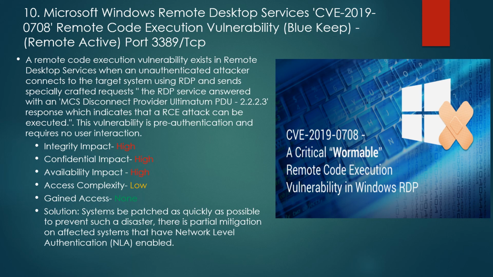It's a wormable remote code vulnerability, and its integrity impact is high. The confidentiality impact is high as well. There's no gain access to it. The access complexity is low, and the availability impact is low. One of the mitigations found for this system is to be patched as soon as possible so as not to enable it to spread all over the system.